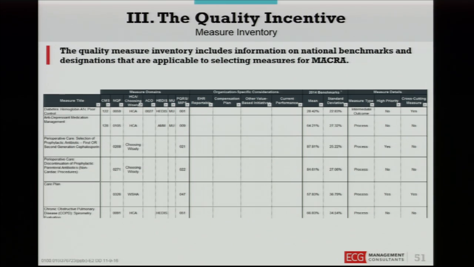The other piece is that if you are just a handful of ophthalmologists, rather than going through and picking 6 measures, there might not be 6 measures appropriate for that specialty. So CMS has said in that case, you can filter down and say, here are the 4 that you have said are appropriate for this specialty. We are reporting those, and that's all you have to report. They'll just measure you based on that smaller set of measures.